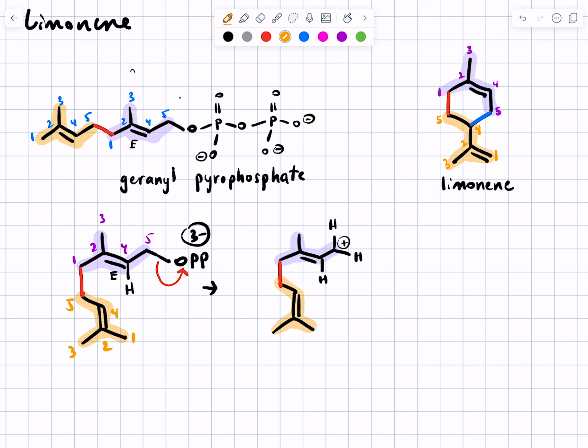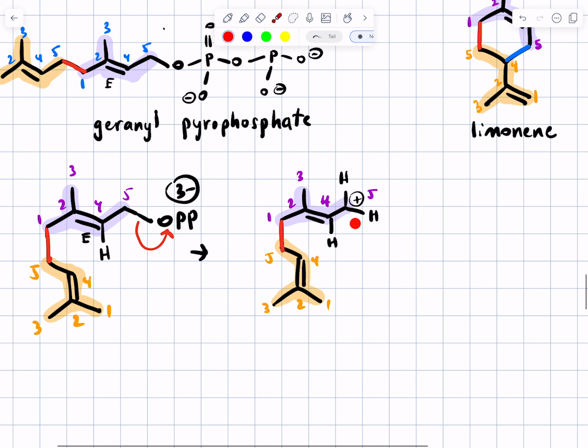So I'm going to tell you ahead of time, why can't you? Remember, I told you that the problem with the geranyl pyrophosphate precursor was that carbon 5 is in the wrong place. We really want the Z stereoisomer where the carbon would be down here.